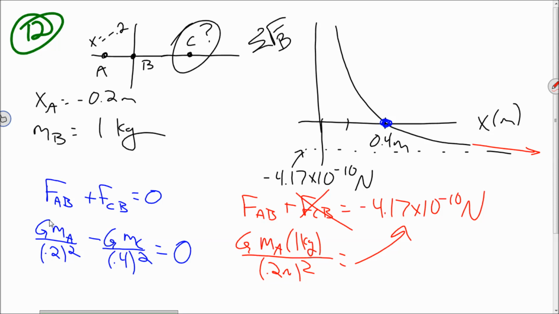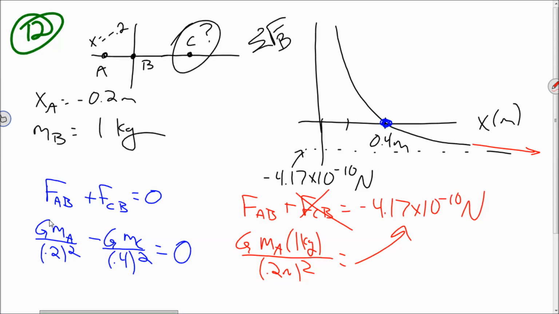So sometimes, even though this was quote-unquote a system of equations, one of the equations was very easy to solve, right? So this allowed us to find the mass of A, and then you plug the mass of A in over here and find the mass of C. Is that enough, or do you guys want me to run through the algebra? Yep. Okay, cool.